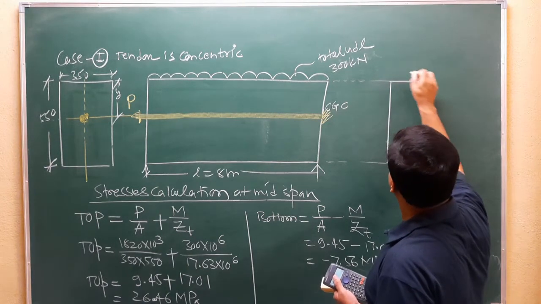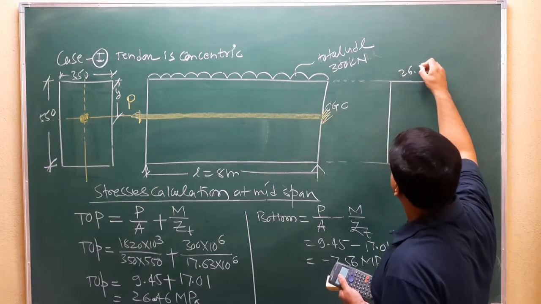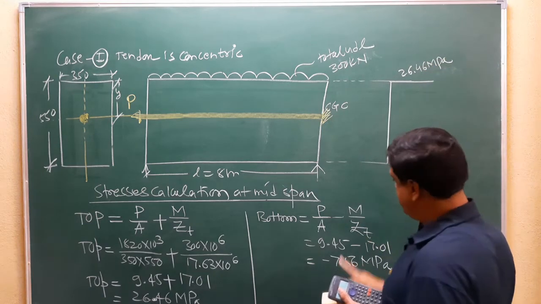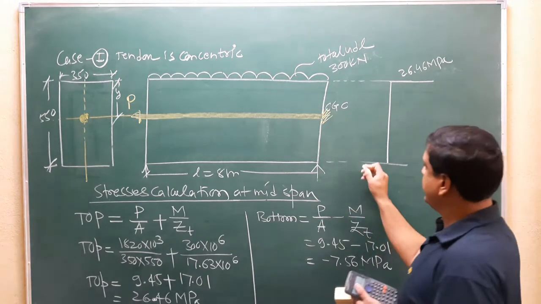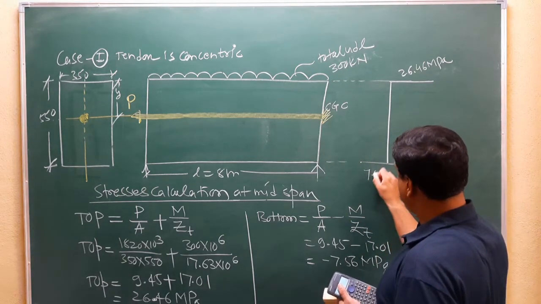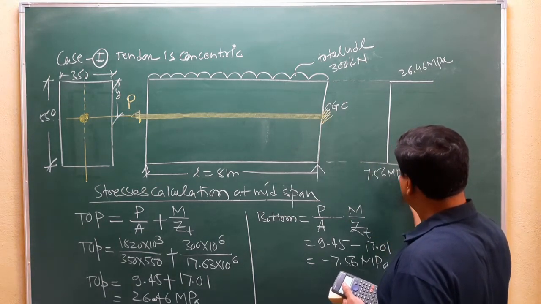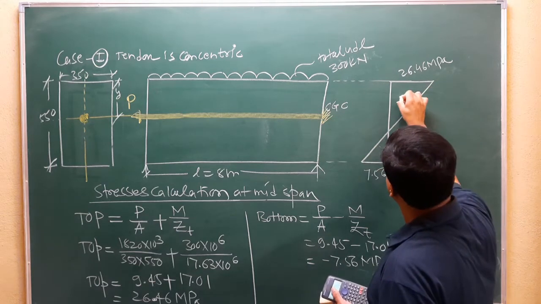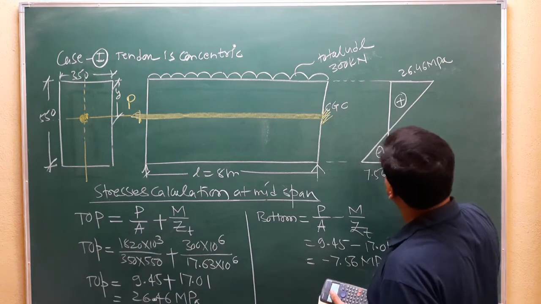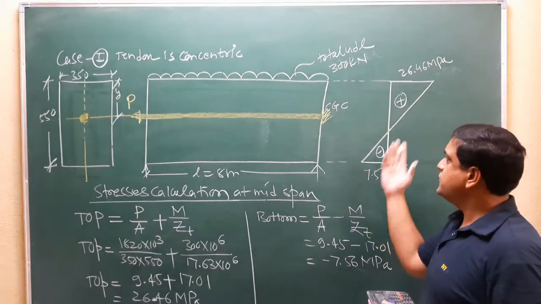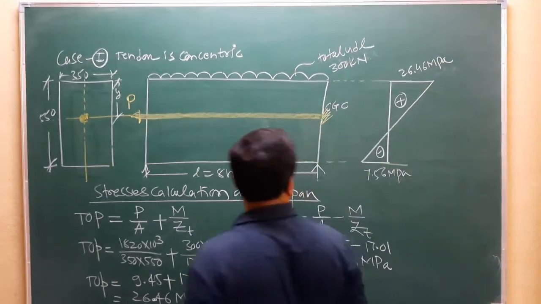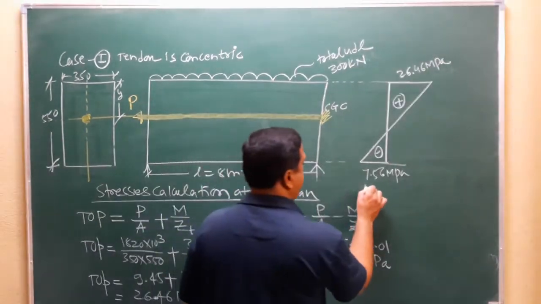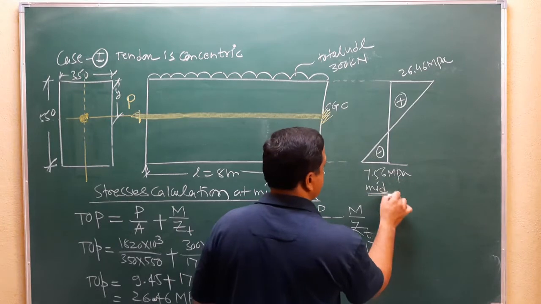The top fiber stress is 26.46 megapascal, and the bottom fiber stress is negative, so plot it on this side. This is 7.56 megapascal, and you join like this, same simple. So this is positive and this is negative. So this is the stress diagram, the stress distribution at mid-span.